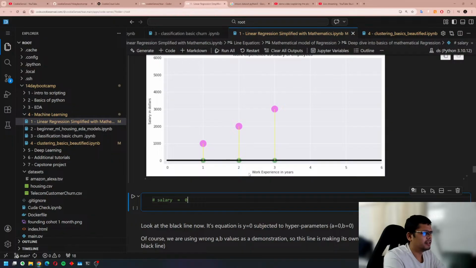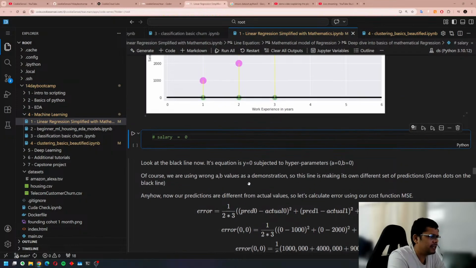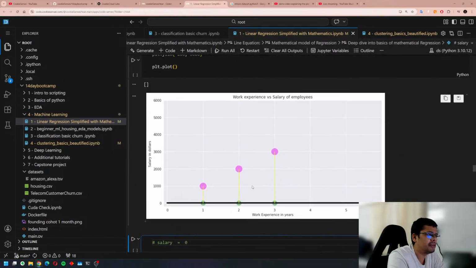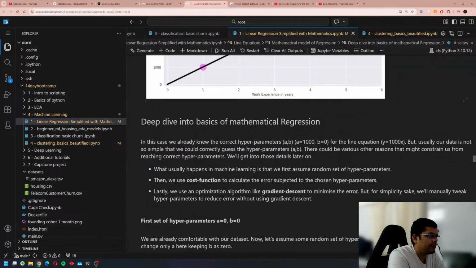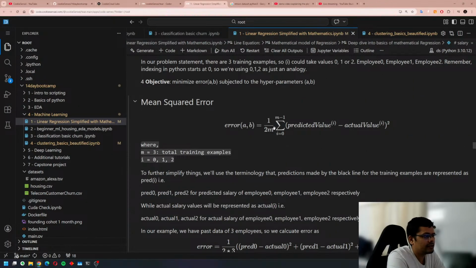So what you can at the moment think about is that the error equation over here is 1 upon 2m, where this sign is for summation: summation of predicted value minus actual, or actual minus predicted, to the whole square.